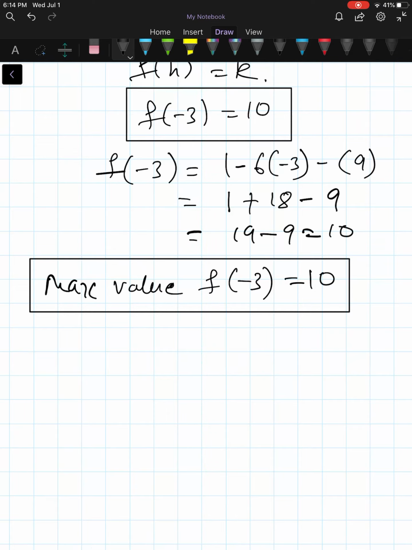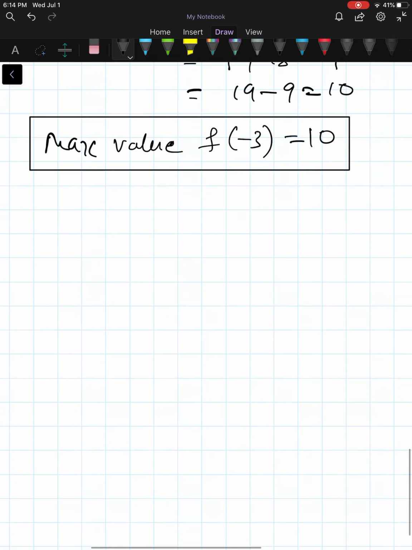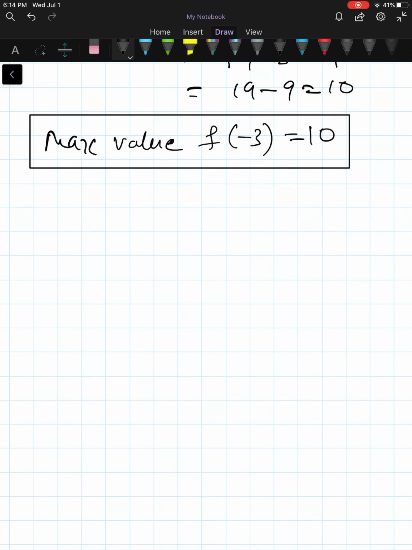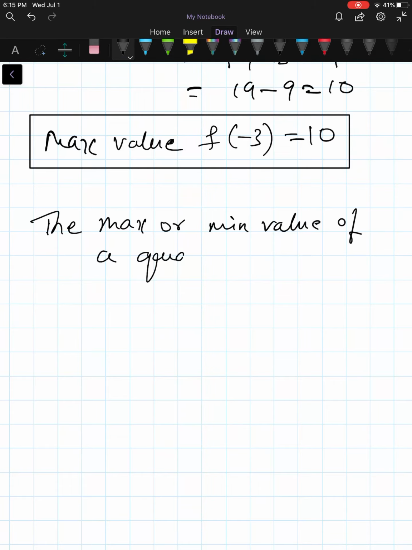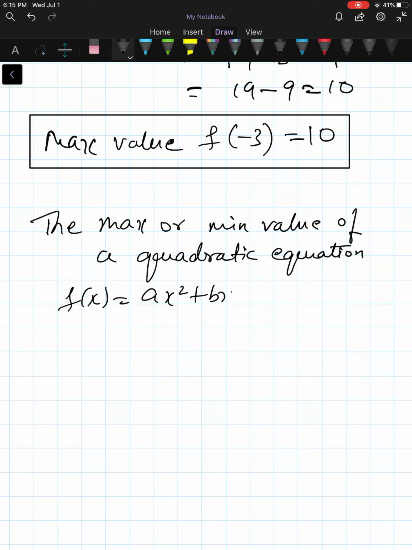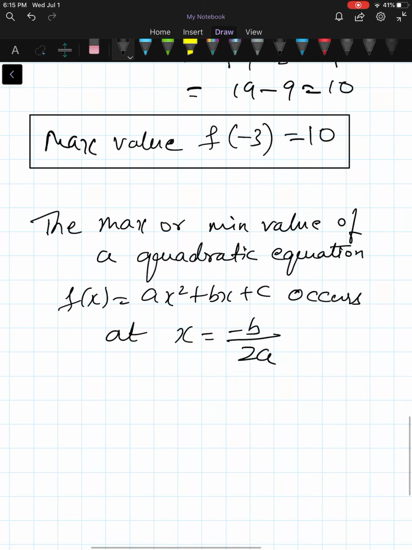Okay, there is another method of finding out the maximum and minimum value of a quadratic equation. So we will learn that now. The max or min value of a quadratic function f of x is equal to ax square plus bx plus c occurs at x is equal to minus b by 2a.